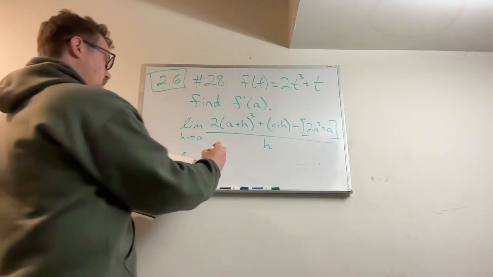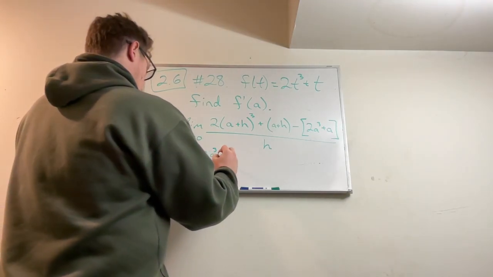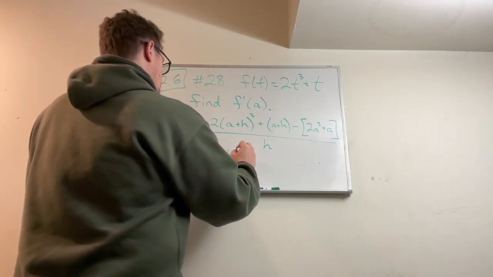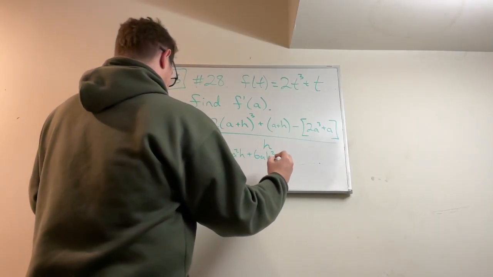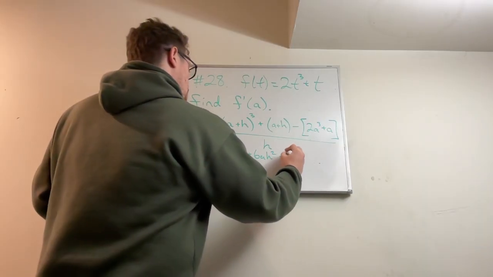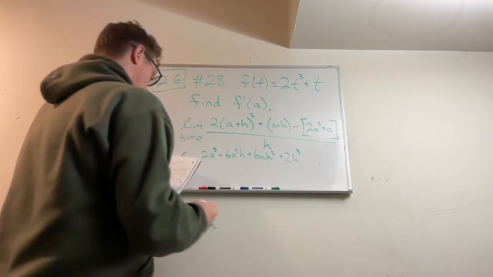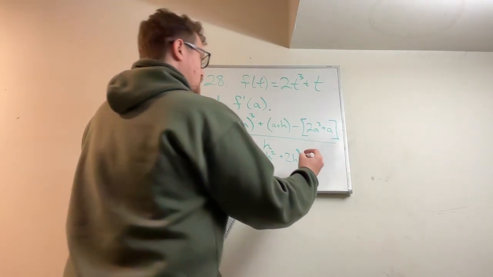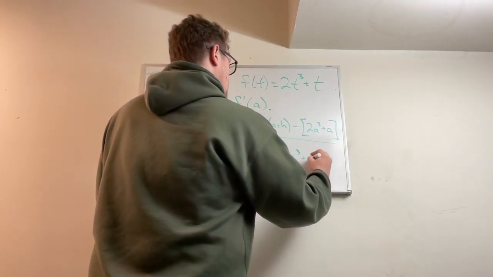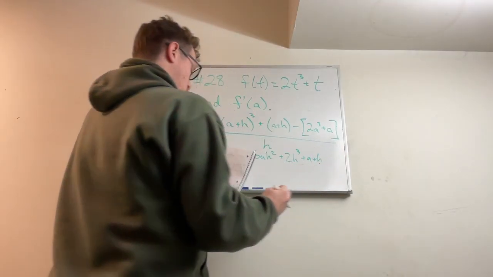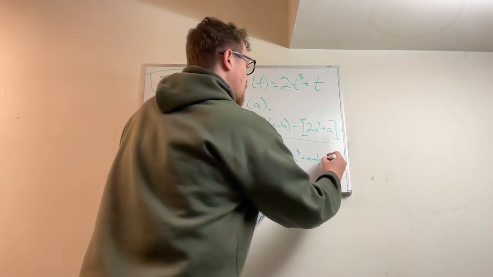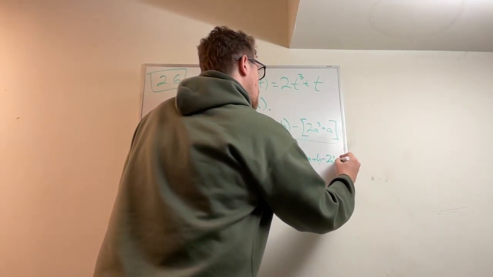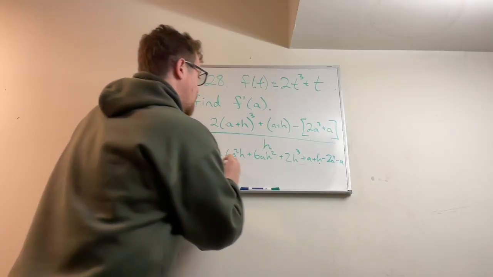So it'll be 2a cubed plus 6a squared h plus 6a h squared plus 2h cubed plus h plus a plus h minus 2a cubed minus a. All divided by h.